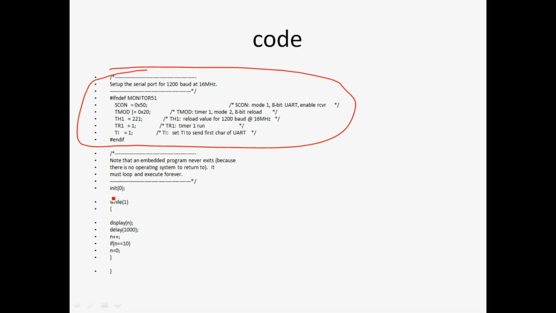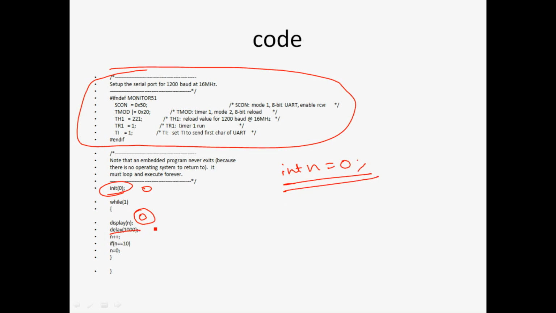First of all, we initialized all the segments to 0, because we don't want any of the segments to be glowing at the start. In the infinite loop we have display n to display the number, so at the start we will have 0 displayed, because we have int n equal to 0 at the start.